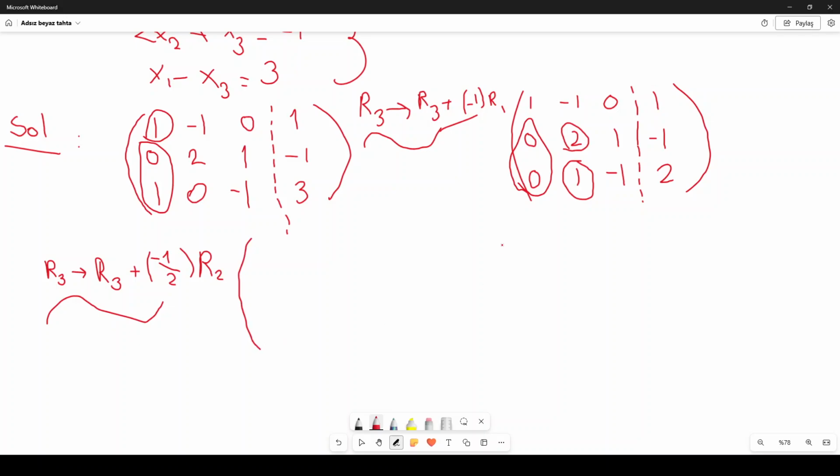Okay, let's just make these changes, and again we have 1, minus 1, 0, and 1, and the second row again keeps its values, so no change here.